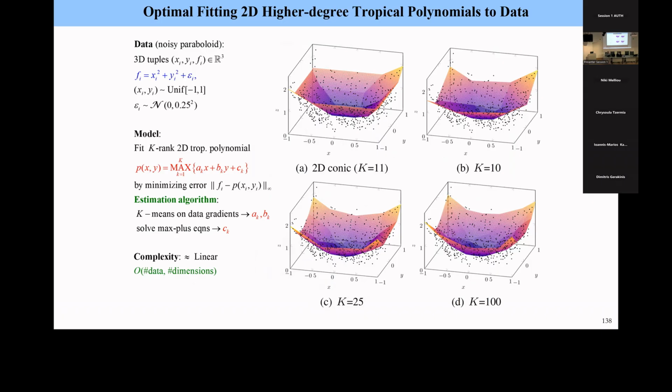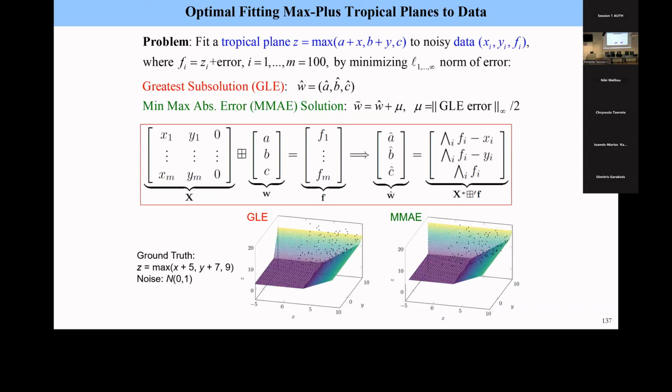Now, I have emphasized the fact that if we know the rank of the tropical polynomials that we want to use for approximating and regressing our data, then it's a closed formula solution. But what if we don't know the rank?